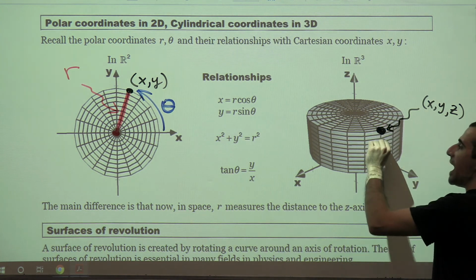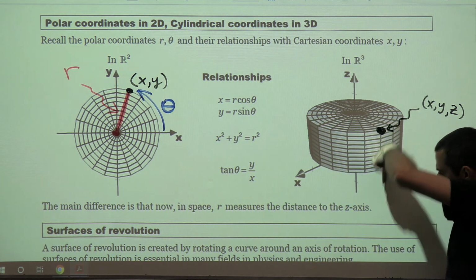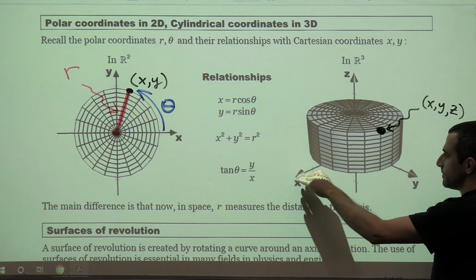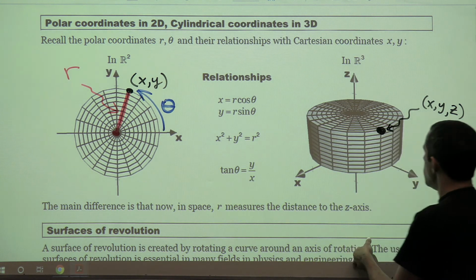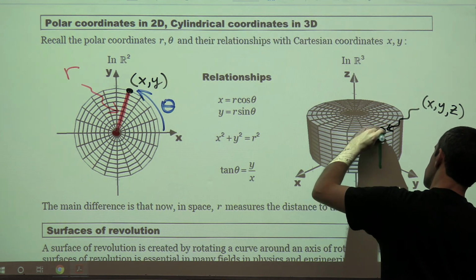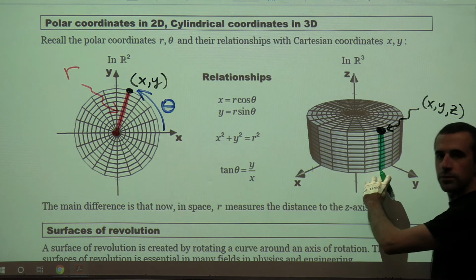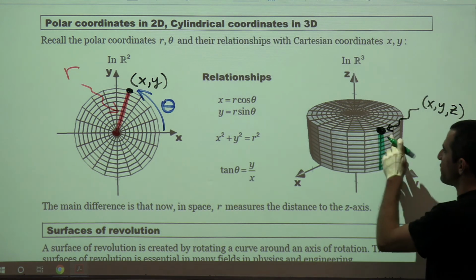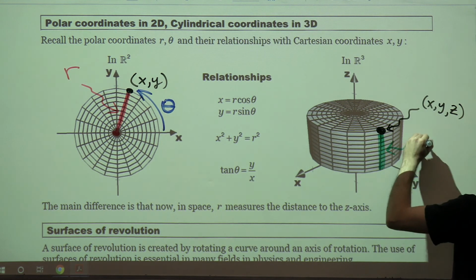So it's the vertical height of that point measured from the x y plane, or the vertical depth of that point from the x y plane if you're below the x y plane. So the length of that vertical segment from the point x y z to the x y plane, that is our variable z.